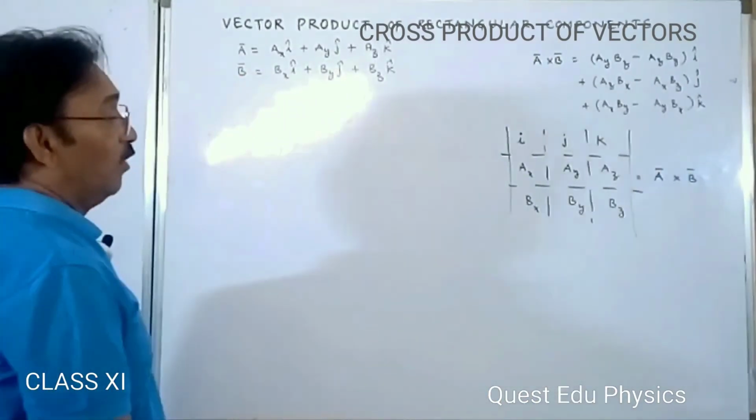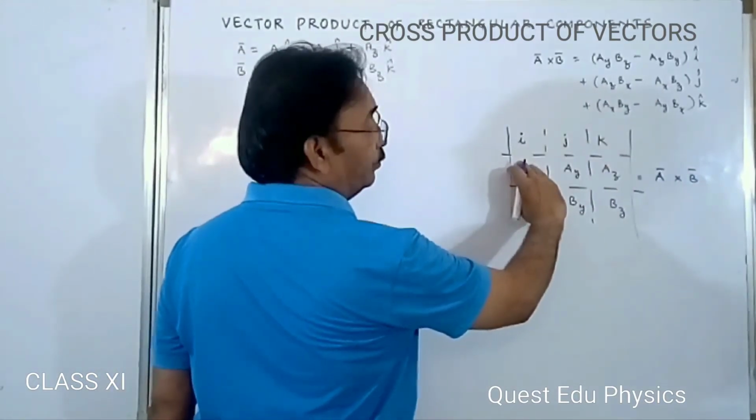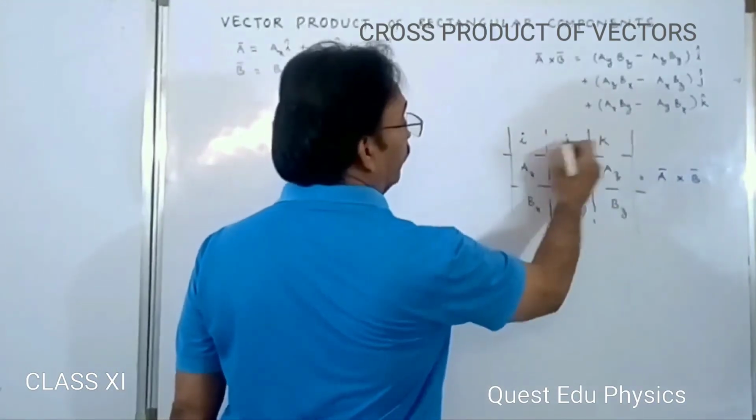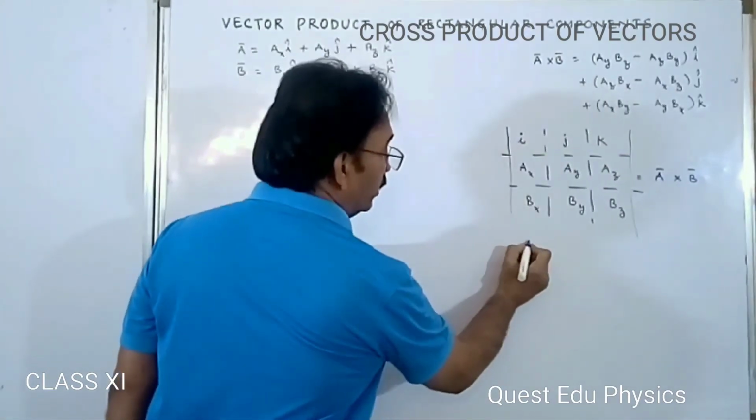First of all, what you have to do, see this, you have to mask this row and this column. We are masking J, K and as well as AX, BX, and we are taking the I term.